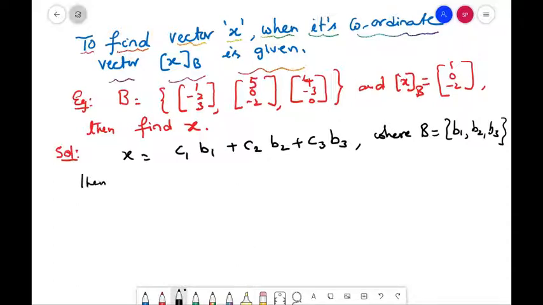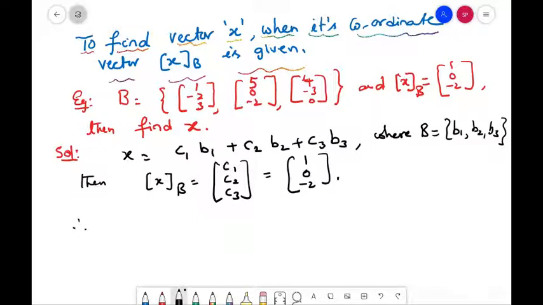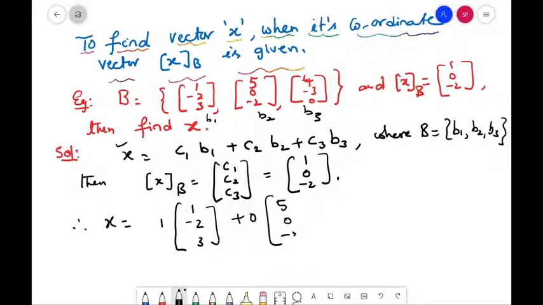Then this is the coordinate vector C1, C2, C3. Now this is given to you as 1, 0, minus 2. Therefore you have to find out this x. So therefore x is equal to, what is C1, 1, into what is B1, 1, minus 2, 3, if this is B1, B2, B3, then plus 0 into 5, 0, minus 2, plus minus 2 into 4, minus 3, 0.